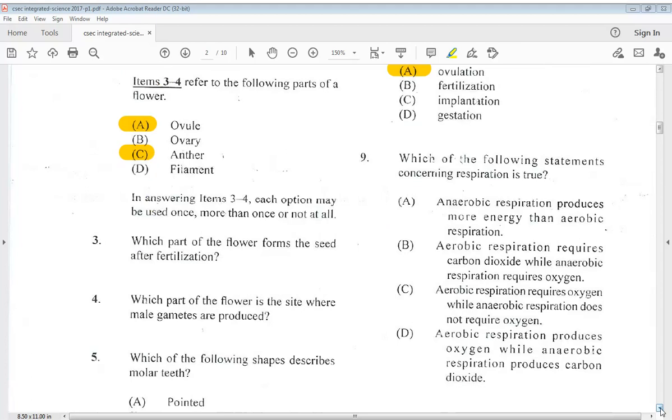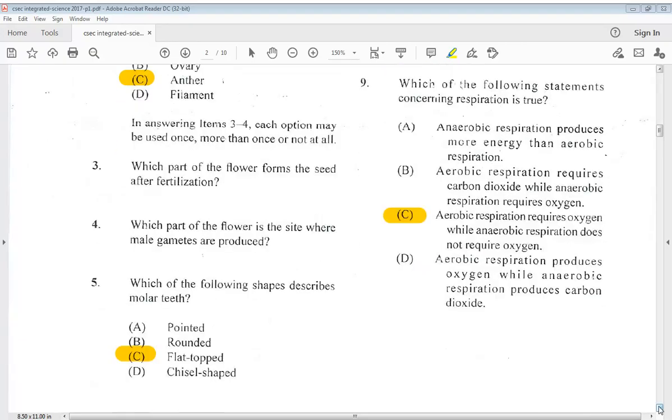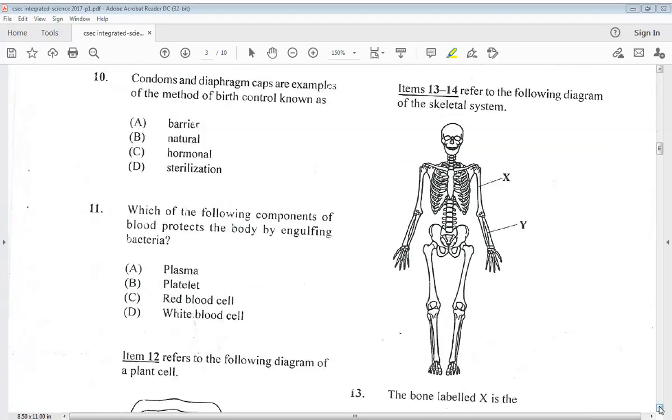If you watched the 2019 past paper or the 2018 past paper, you know the answer would be C because this is a repeated question. Those of you who are visiting the channel for the first time, if you haven't yet watched those videos, you can look on the channel page and you'll find them so you can watch them. Let's go to number 10.